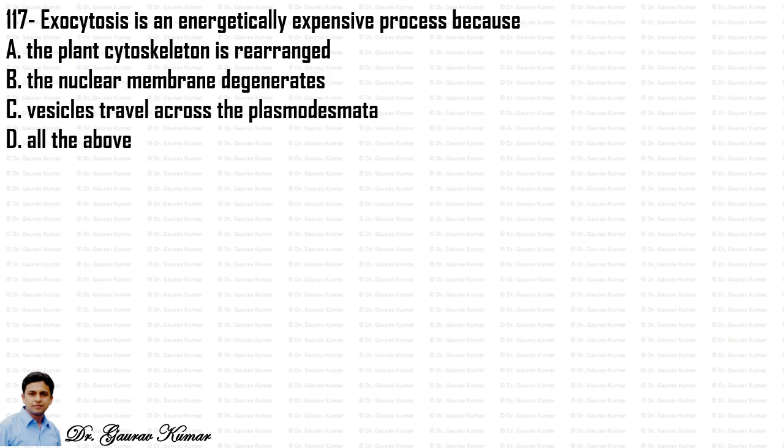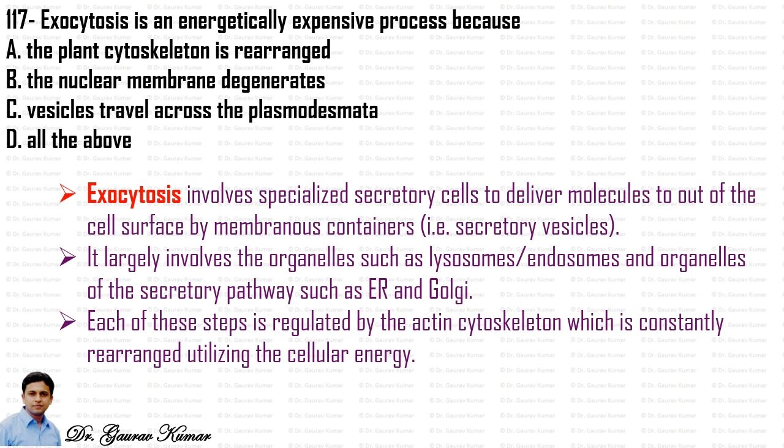Next question, exocytosis is an energetically expensive process because. So exocytosis involves specialized secretory cells to deliver molecules out of the cell surface by membranous containers, that is the secretory vesicles. It largely involves organelles such as lysosomes or endosomes and organelles of the secretory pathway such as ER and Golgi.